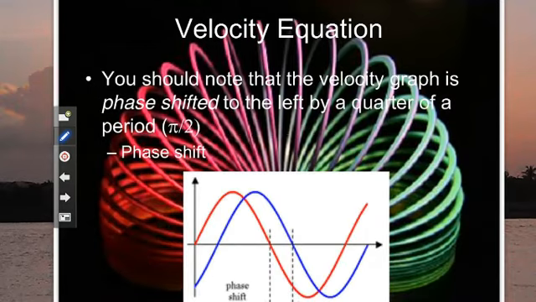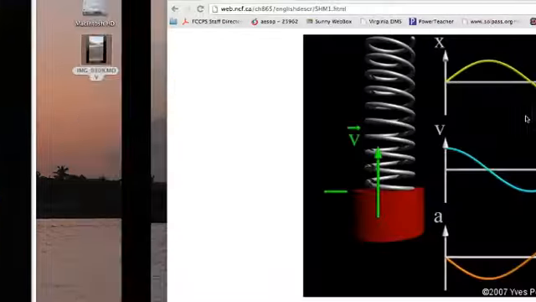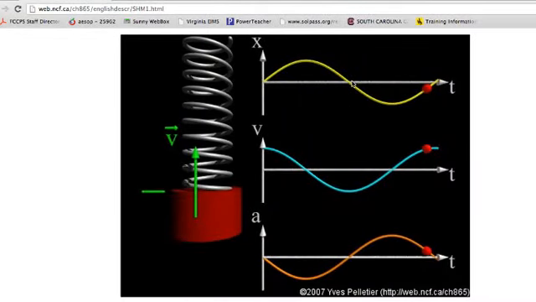Now, we're not going to use this graph because it's not a great picture of it, but you should notice, here we go, this is a better graph.